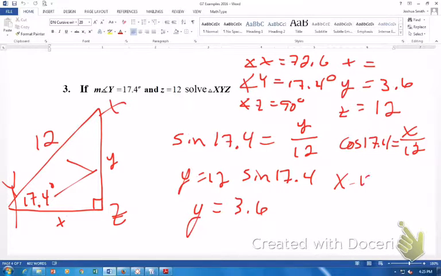Since x is up high, yet again, we're going to multiply 12 times cosine of 17.4. And so we get 11.5. And there, we've solved the right triangle. We have all angle measures, all side lengths. Okay? Now, this is very quick. Hopefully that makes enough sense. We can reinforce anything in class next time.